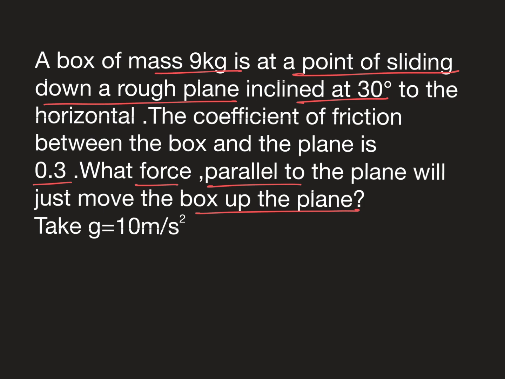Okay, so we have motion up the plane. That is clear from the statement. So that is the direction of motion. We know that the body is in limiting equilibrium.